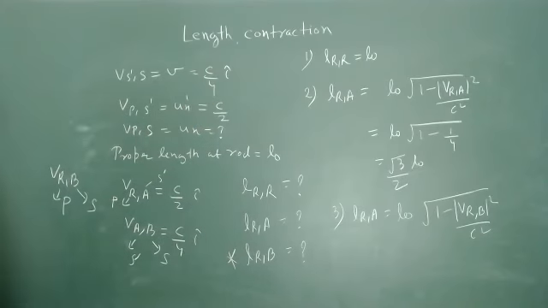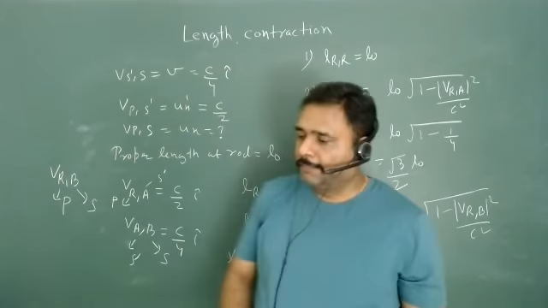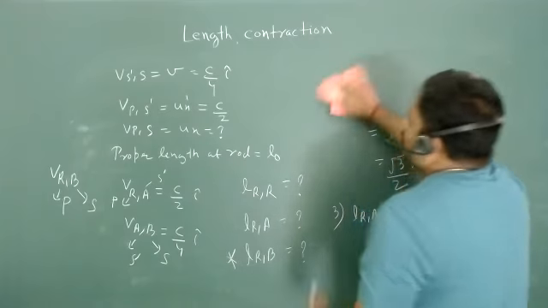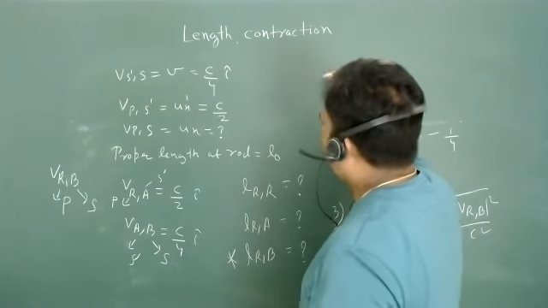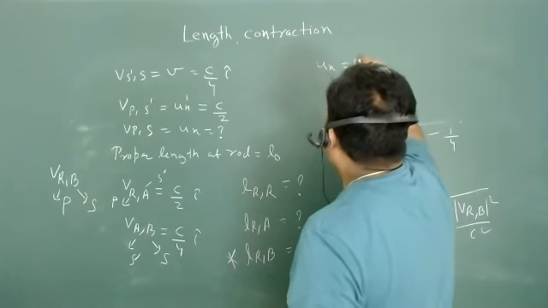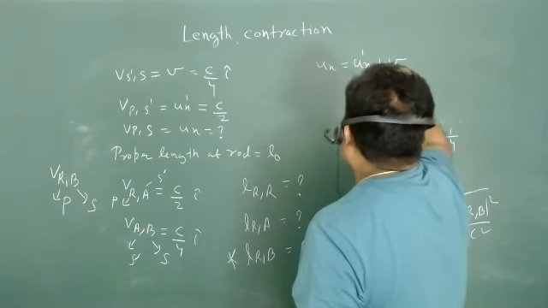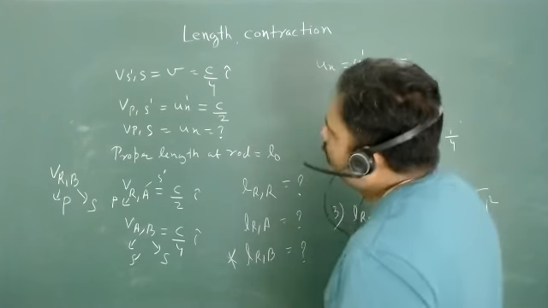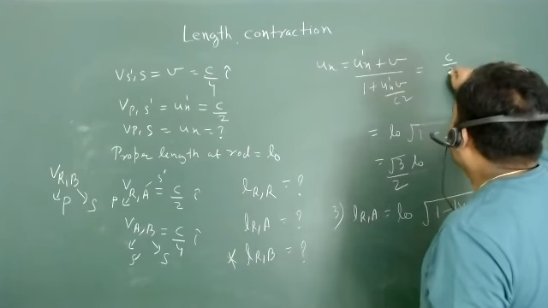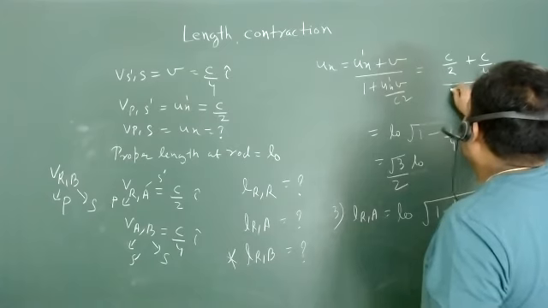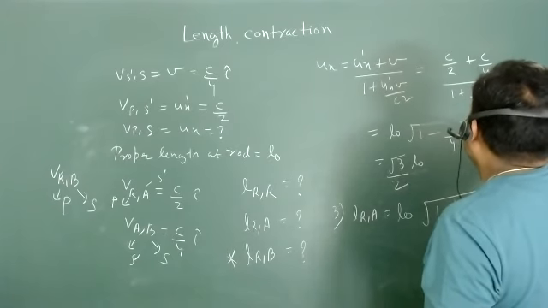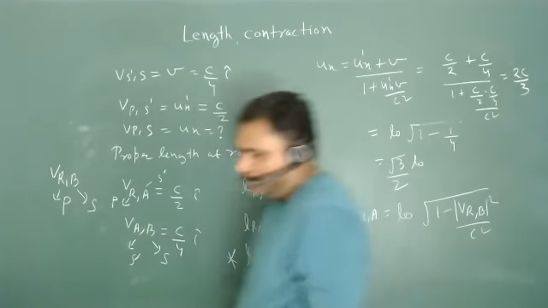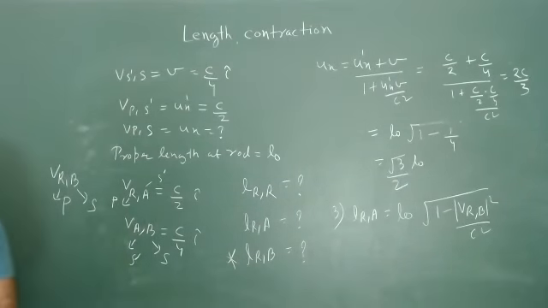So I can use the same i cap Lorentz velocity transformation formula. Ux is equal to, same formula I will use again and again, 1 plus Ux dash V upon C square. What is your Ux dash? It is C by 2. Remember? Did you ever do something like this? Yes, sir. What answer was coming? 2C by 3. That will be the same problem from the perspective of relative speed.